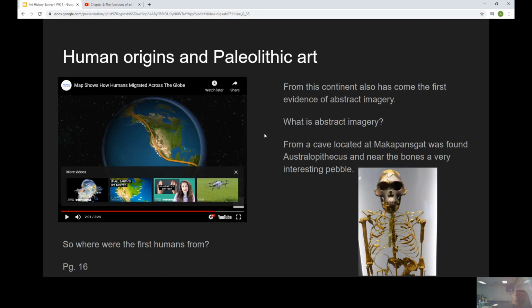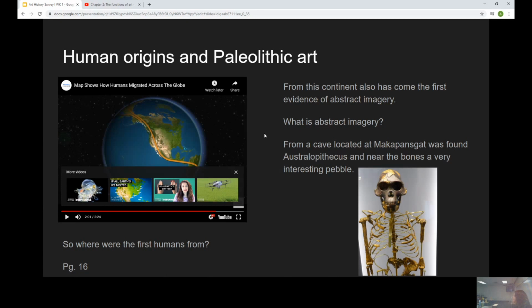How many of you guys are familiar with what Greek classical sculpture looks like? Is that abstract imagery? No, what is it? Realistic.